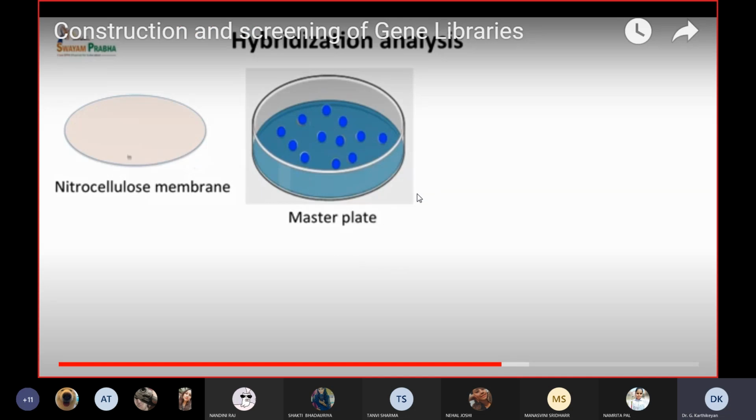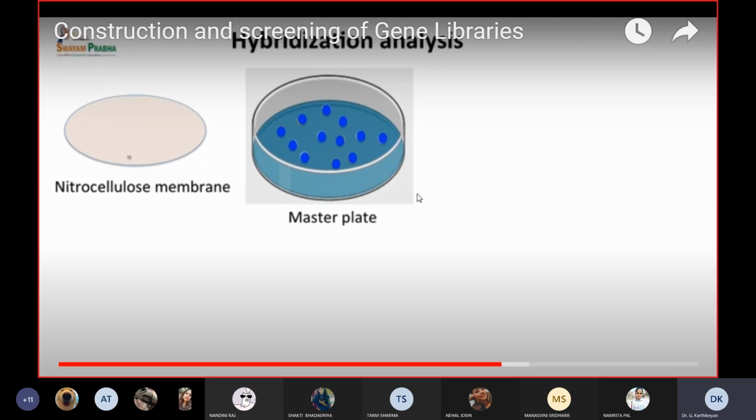As we saw in the previous calculation, assuming that there is a cut every 4 kilobase pairs, you are supposed to screen about 3.3 million colonies to get one single clone, right? If it is 3.3 million clones to be screened, how many Petri plates would that take?